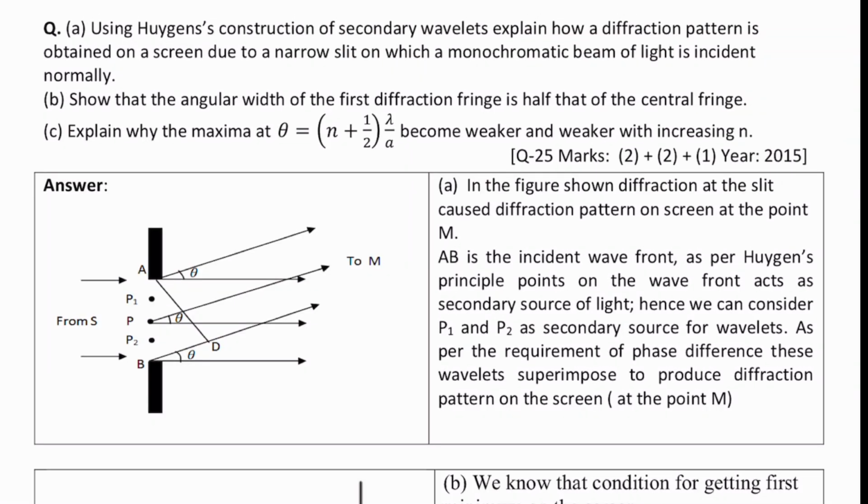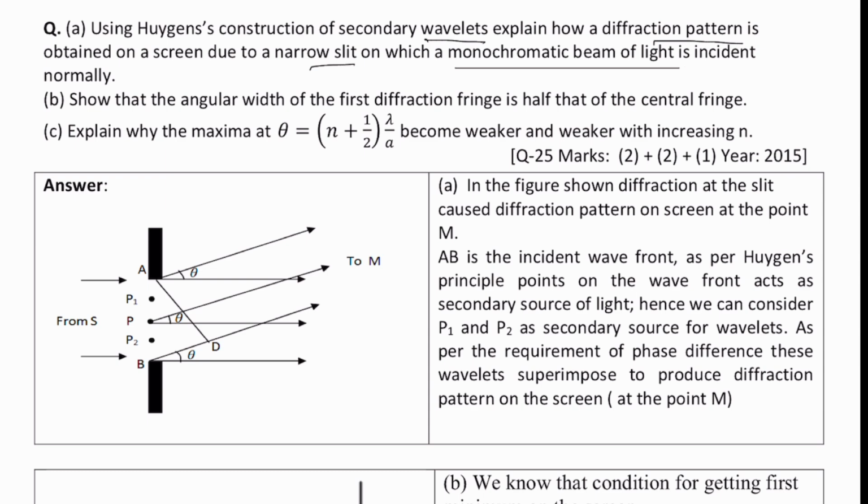Now, using Huygens construction of secondary wavelets, explain how a diffraction pattern is obtained on a screen due to a narrow slit on which a monochromatic beam of light, single wavelength light, is incident normally. Part 1.